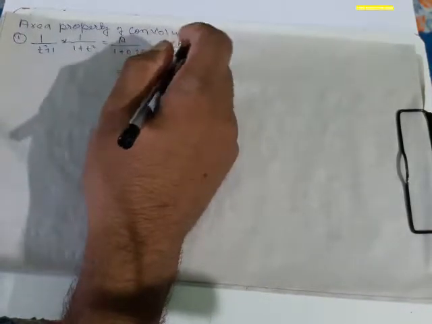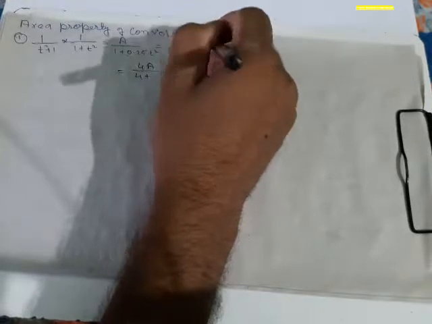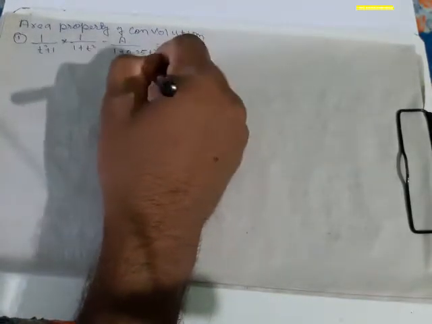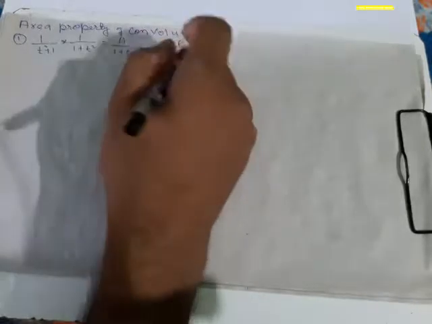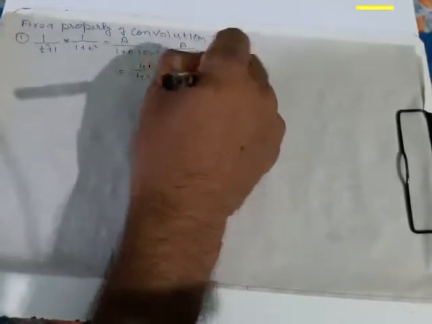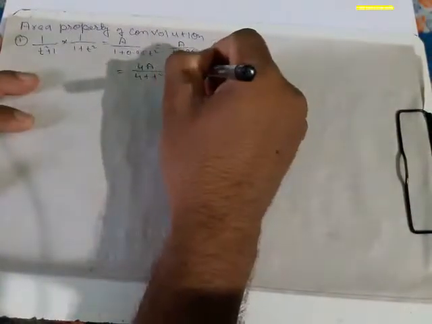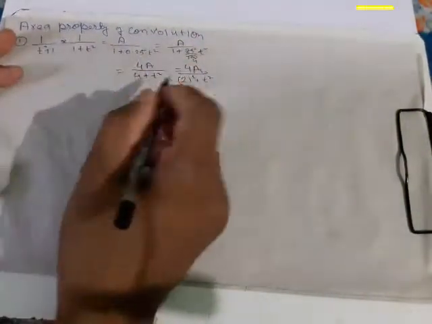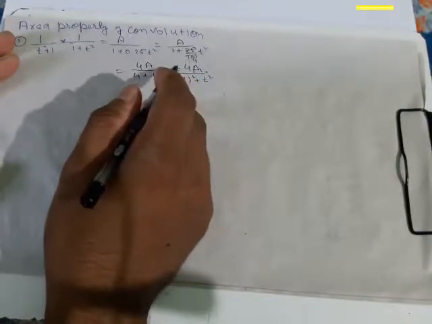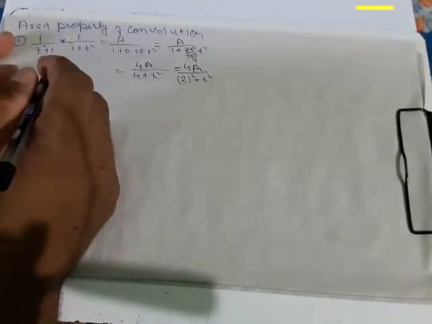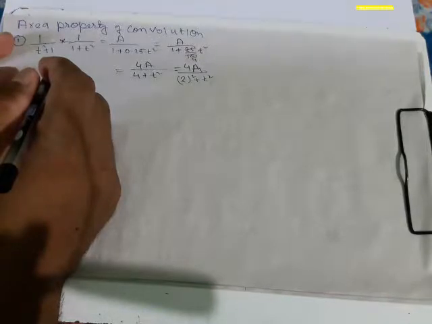And 4a by (t square plus 2 square) can be represented with tan inverse of t by 2. So this is nothing but 4a tan inverse of t by 2, and a by 2 is also there.